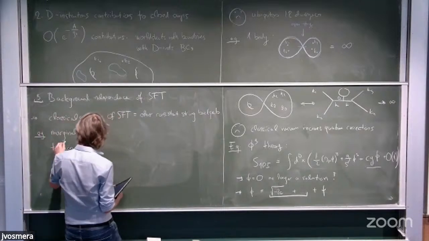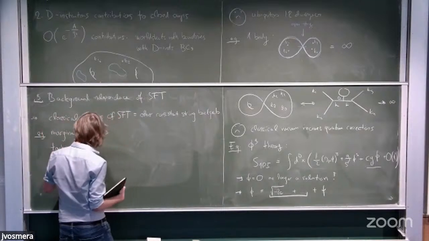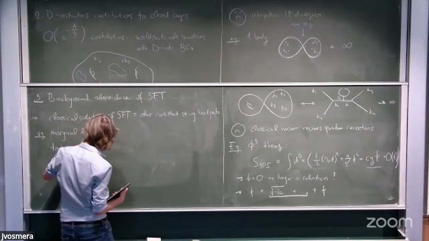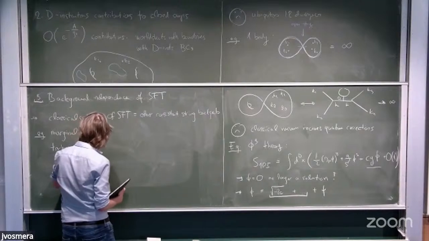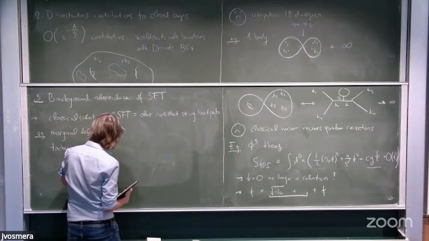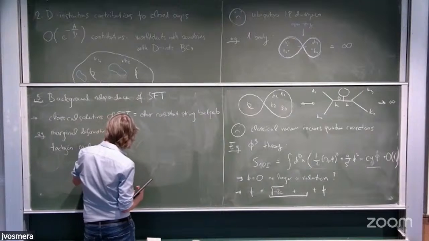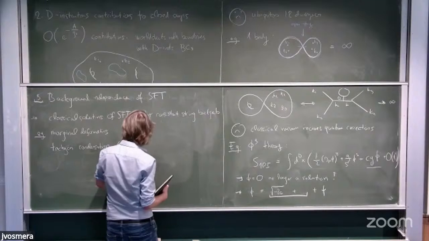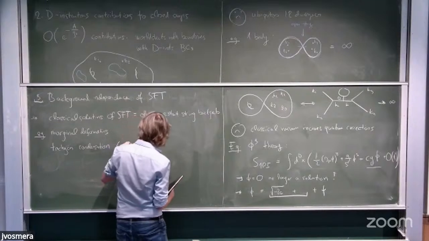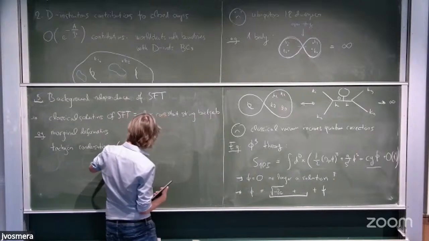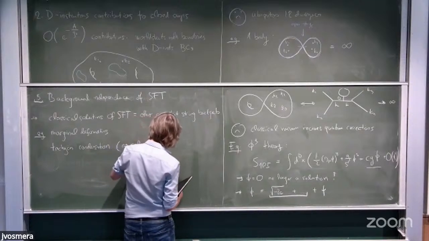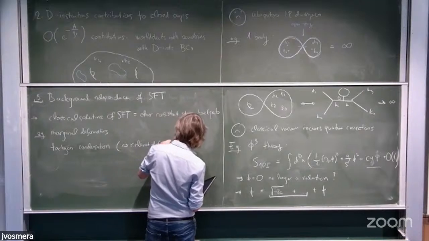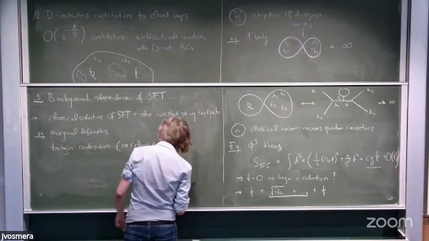Then I can construct other classical solutions, for instance, the ones which we usually call tachyon condensation. That is just a fancy string theory name for what would have been relevant deformations of the Virasoro CFT.